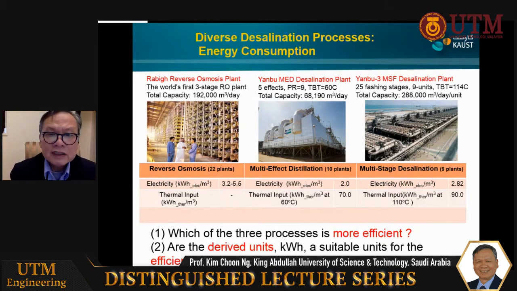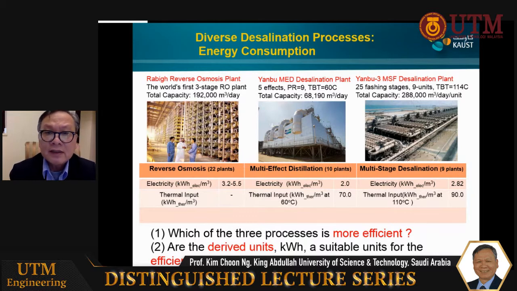And you see that all these plants have their specific energy consumption expressed in terms of the secondary or derived energy, such as electricity and thermal input. Now, this electricity is given in terms of kilowatt hour. So you can see that for RO is between 3.2 to 5.5 kilowatt hour electric per meter cube.